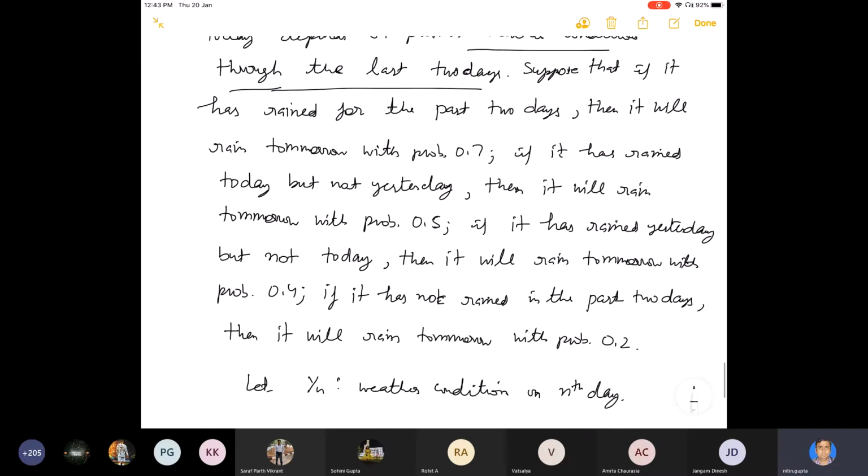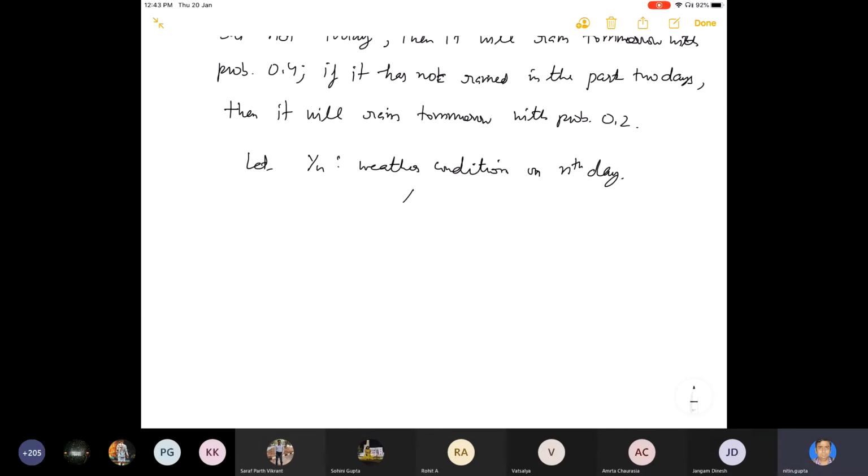So Yn will depend on Yn minus 1 and Yn minus 2.